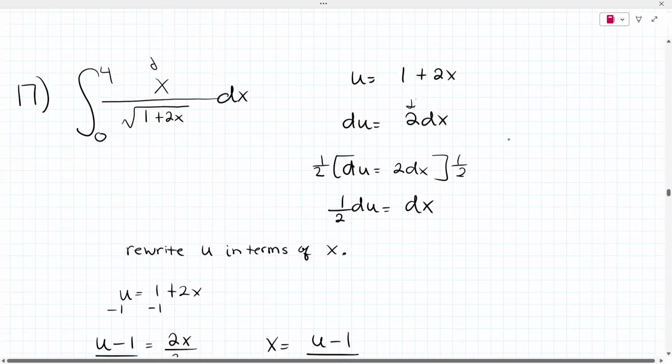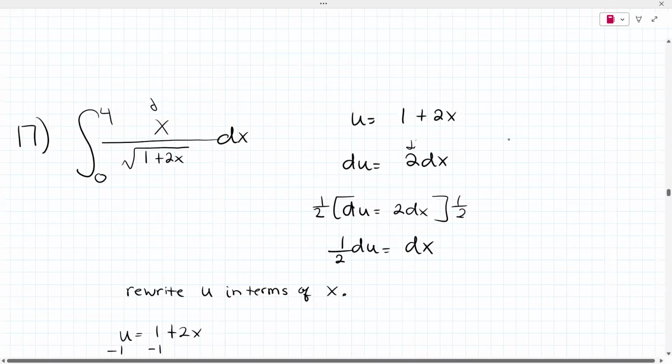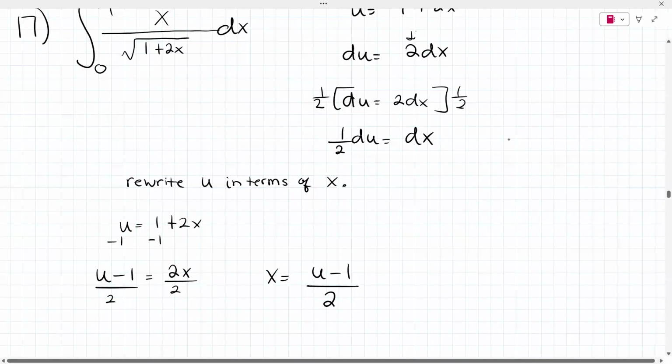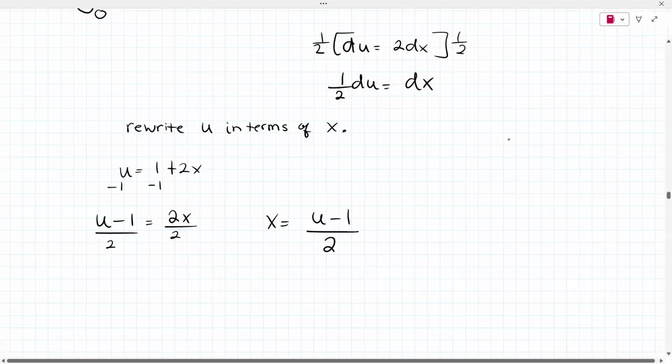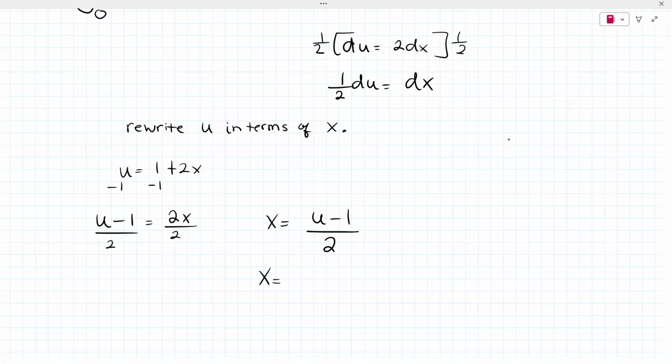So what I'm going to do is replace x. Let's see, that's simplified: (u minus 1) over 2, you can divide each term by 2. So this would be 1/2 u minus 1/2.